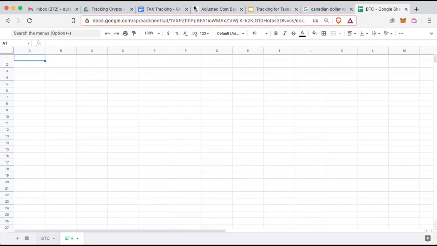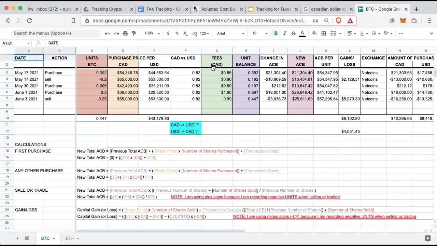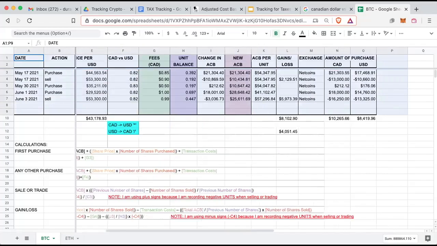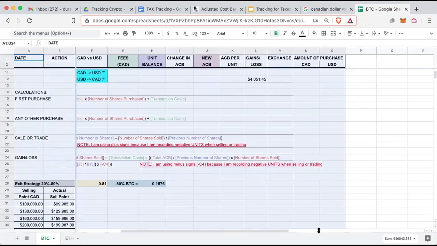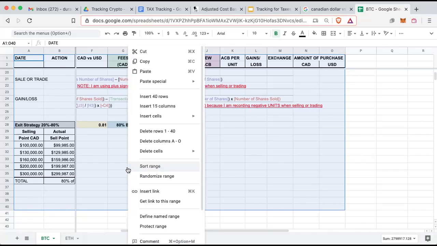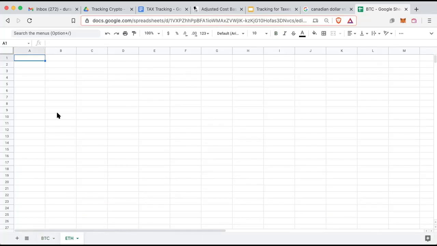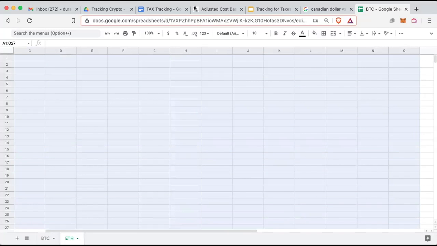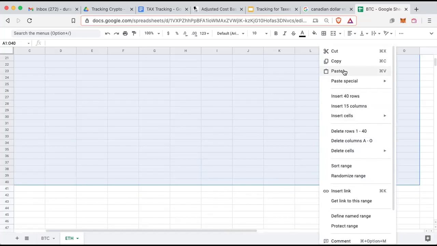So if we go to Bitcoin, we highlight everything, column O to line 40, and left click, copy, go here, column O, all the way down to 40, left click, paste.